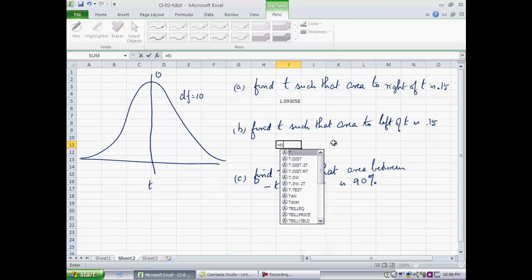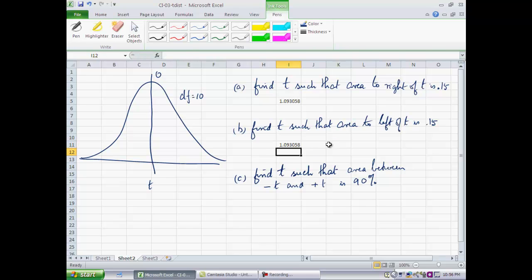So I need to use the T inverse function because I'm looking for a location on the x-axis. So again, the area to the left of t is 0.15. That's one tail. So I have to give as an input the probability of 2 tails. So this will be 0.3 again, and I give 10 degrees of freedom, and I get the same 1.09. But I have to put a minus sign in front of it myself.